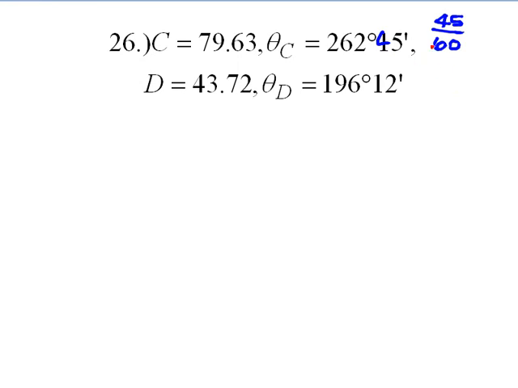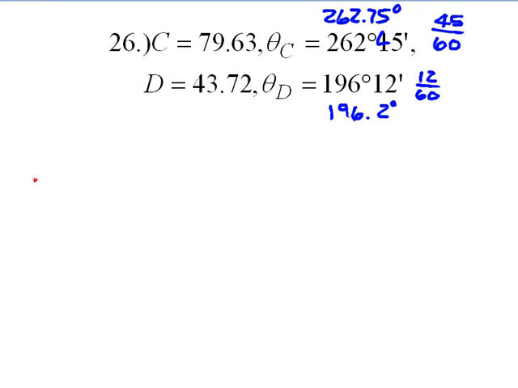So when you add that up, it should end up as 262.75 degrees. And this should be 12 minutes out of 60, so that should end up 196.2 degrees.